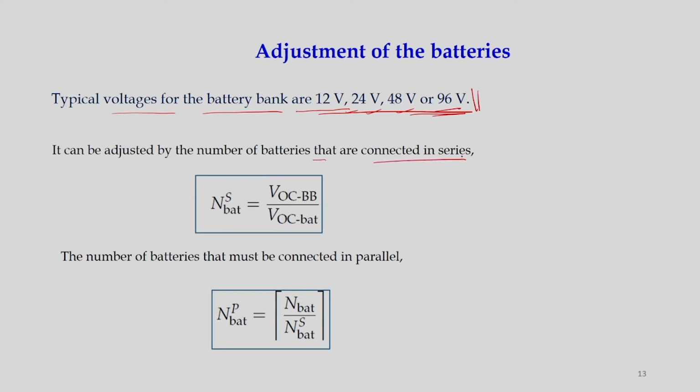If we know the open circuit voltage of the battery bank and the VOC of the batteries, then we can calculate the number of batteries to be connected in series. And in the case of parallel connection, we must know the total number of batteries and the number of batteries connected in series. From that we can calculate the number of batteries to be connected in parallel.